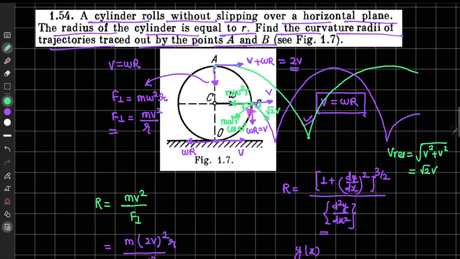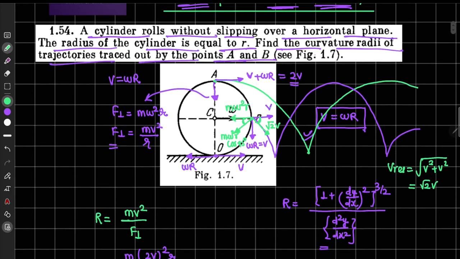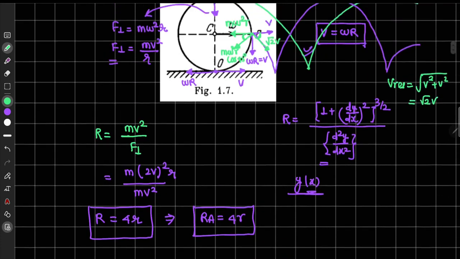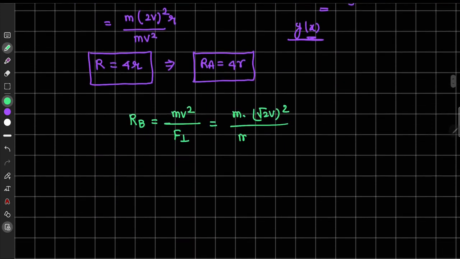So the radius of curvature at point B is m v square divided by F perpendicular. The velocity is root 2 v, so we write (root 2 v) whole square, divided by F perpendicular, which is m omega square r cos 45 degrees.